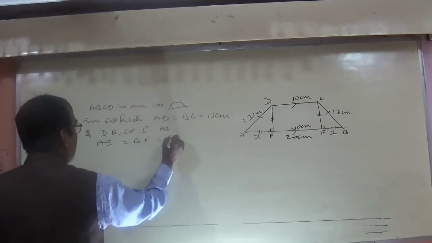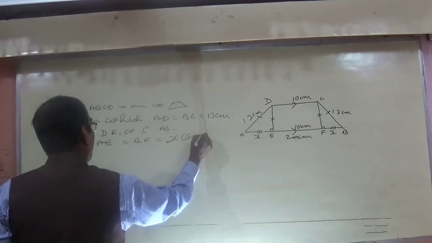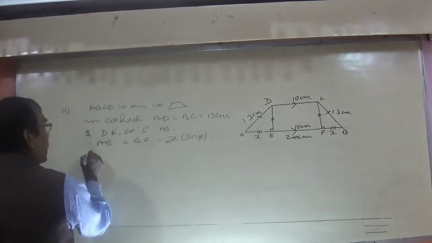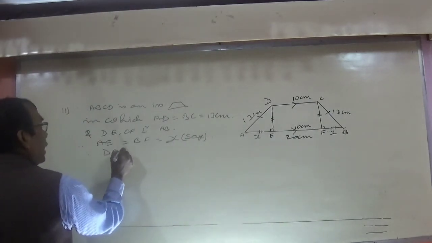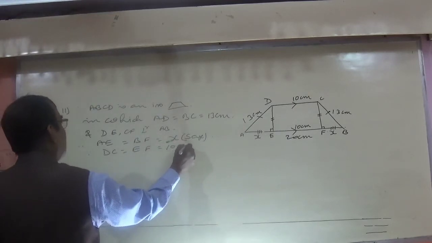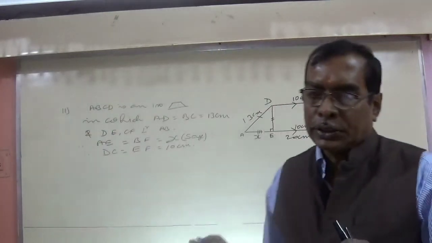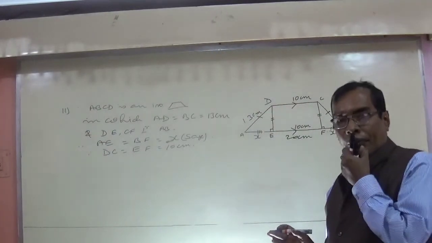Say these are equal to x. And DC is equal to EF, which is equal to 10 centimeters, which I have explained till now. Only this much is required to write in brief.